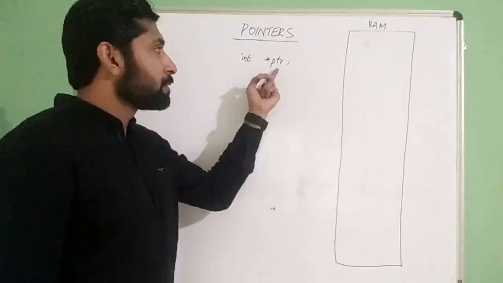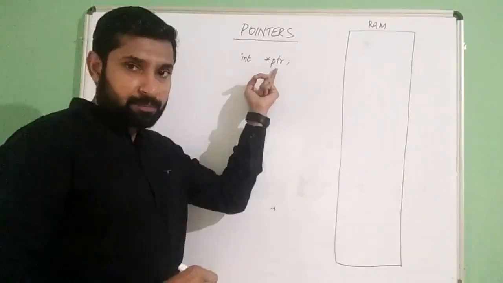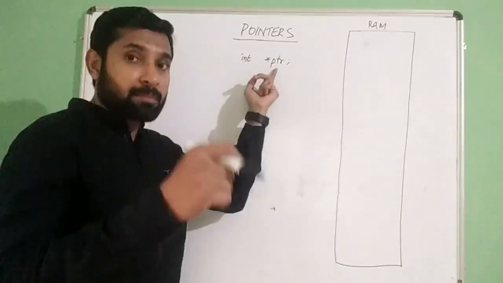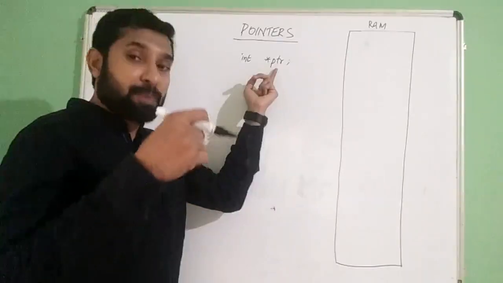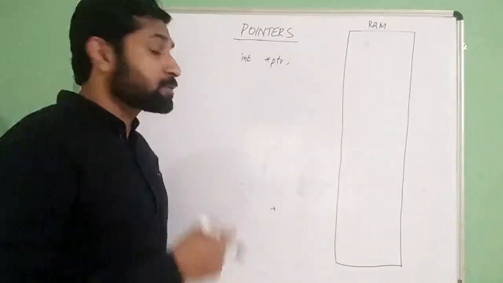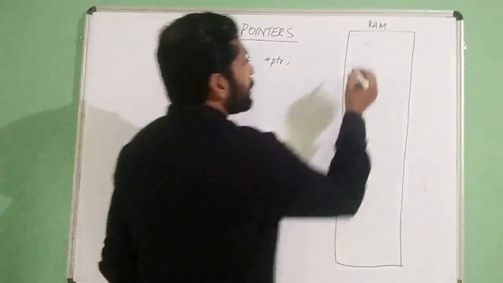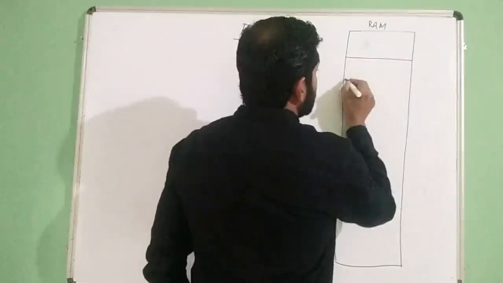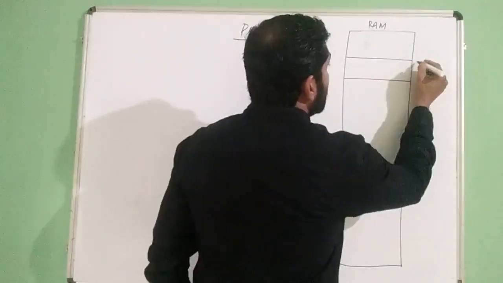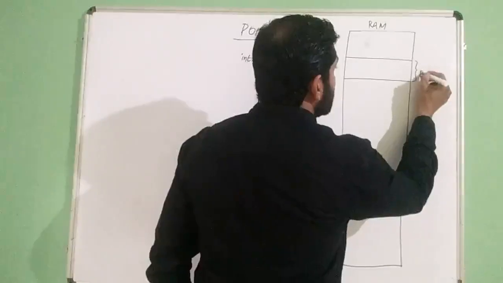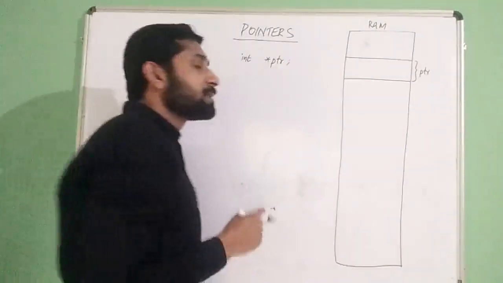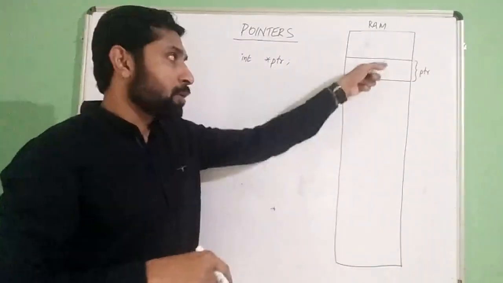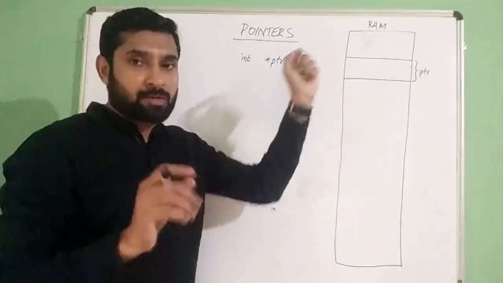We know ptr is a pointer, a special variable. So some bytes are reserved in memory. This entire space is known as ptr. Since it is a pointer, this area can store the address of a memory location.